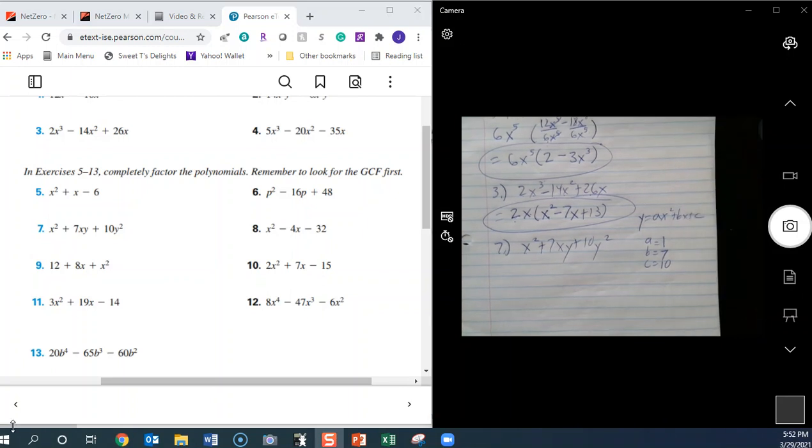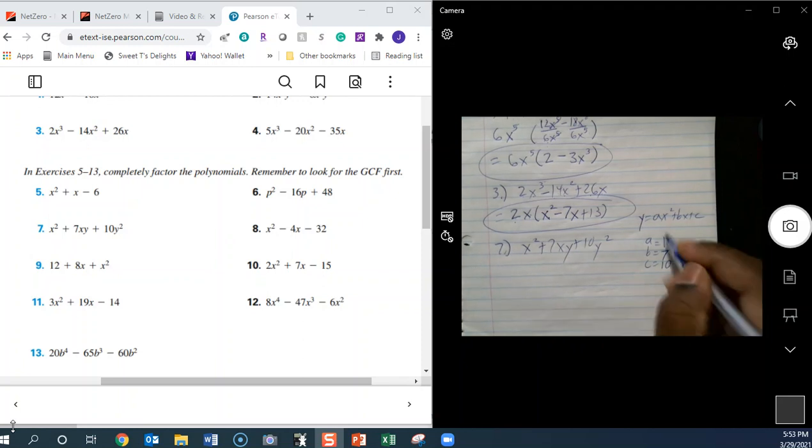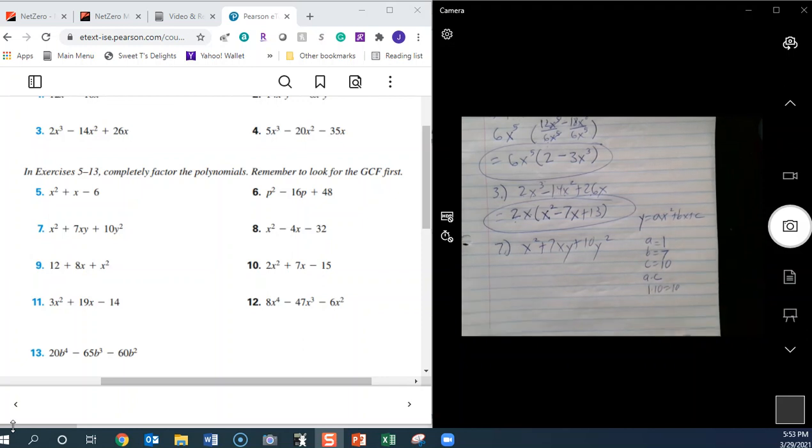So now, again, we're factoring what is called a trinomial. I know I called this a polynomial, but typically this is called a trinomial because we have 3 different values. Okay, so now, the first thing we do once we list our A, B, and C, we'll multiply A times C. So then that would be 1 times 10, which is 10.